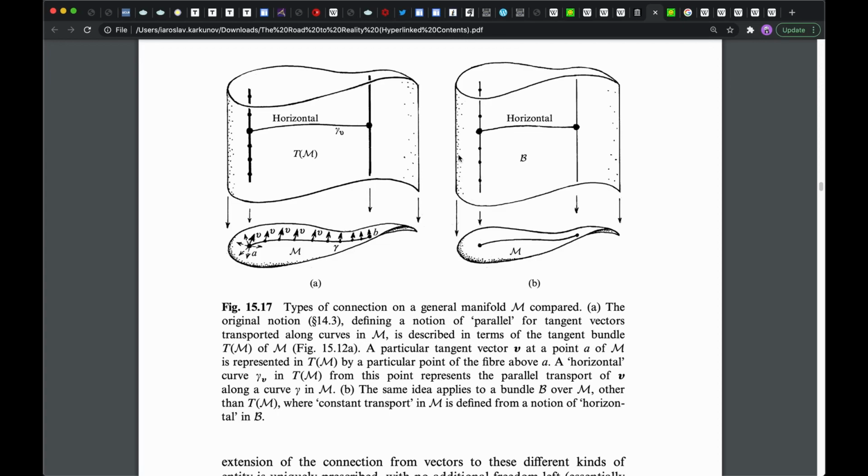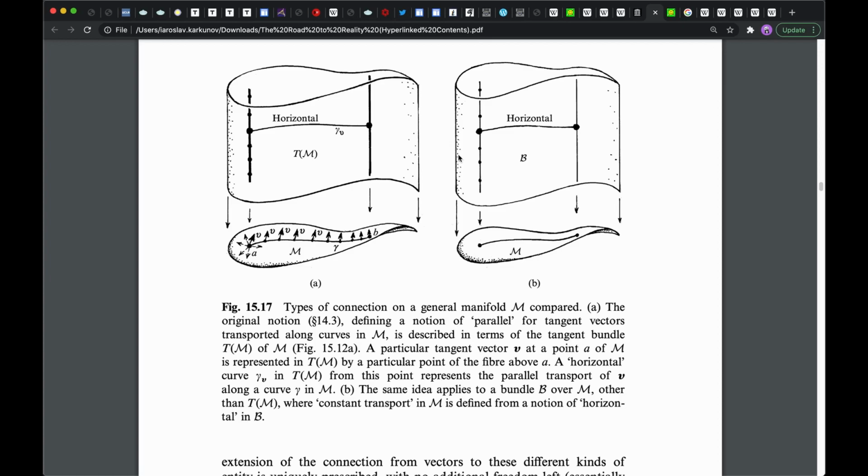On the manifold we have the tangent spaces at every point, and we've been able to parallel transport the tangent vectors from one tangent space to another one, and that was the meaning of the connections there.